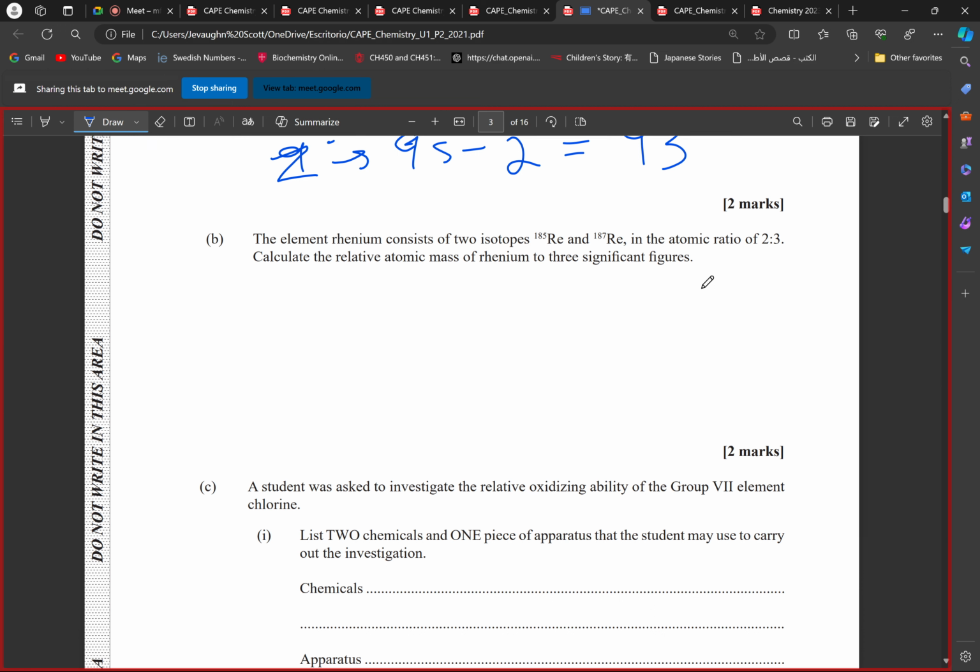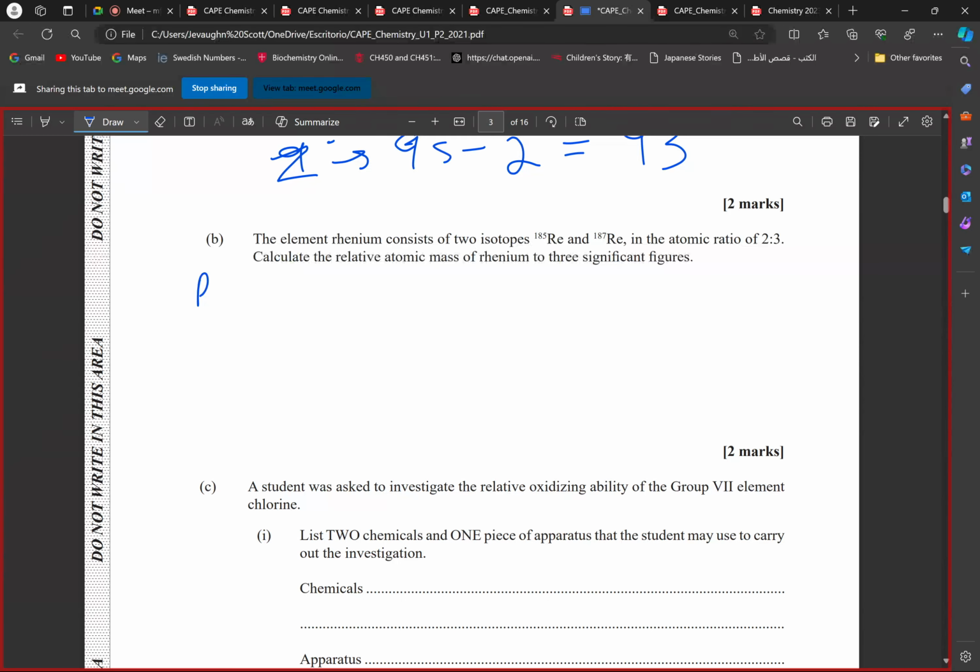Just raise your hand and go ahead. Alright, so the formula is relative atomic mass equals mass of isotope times abundance.